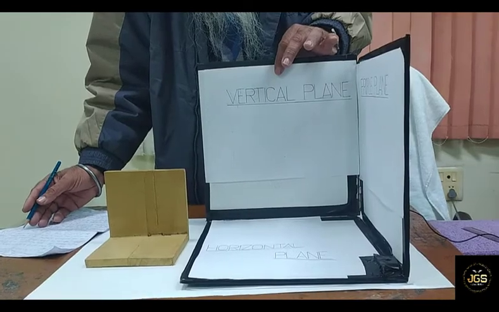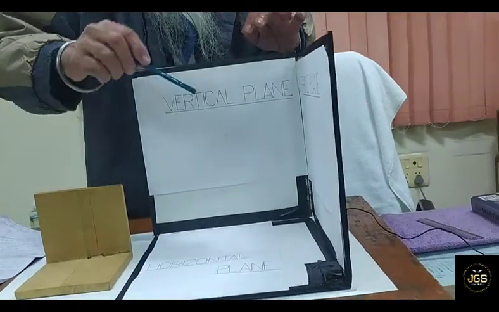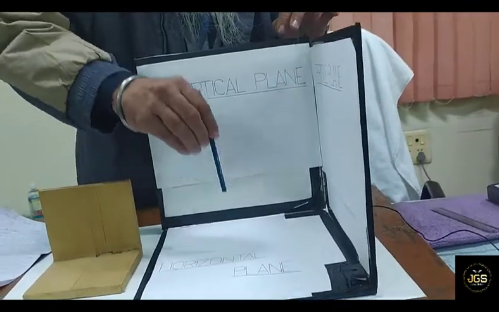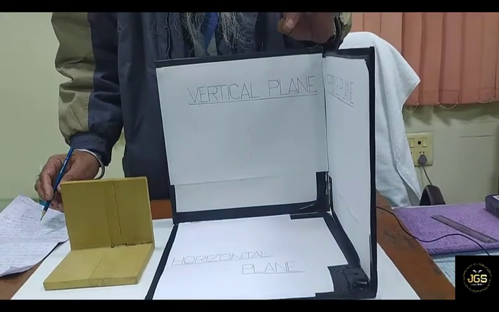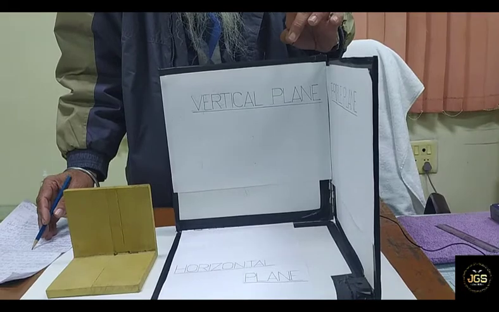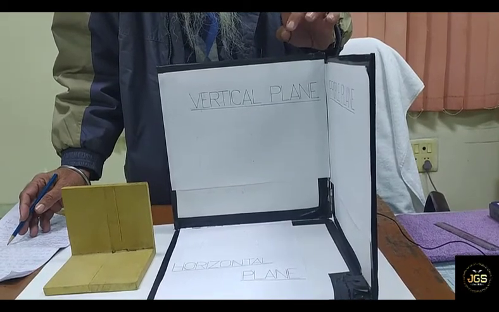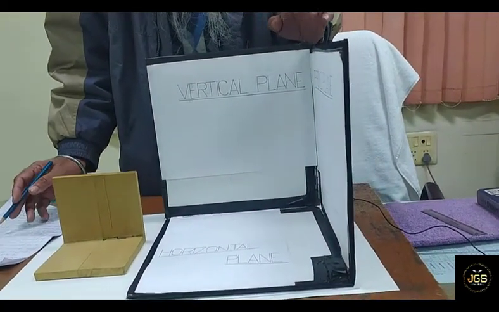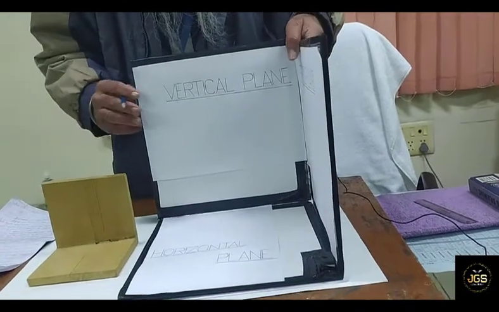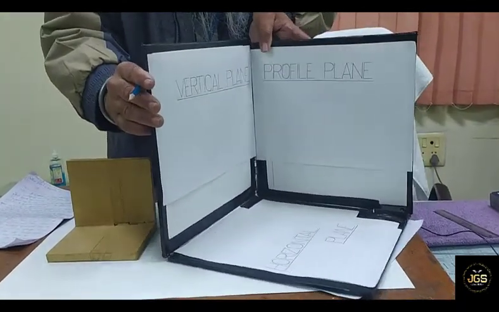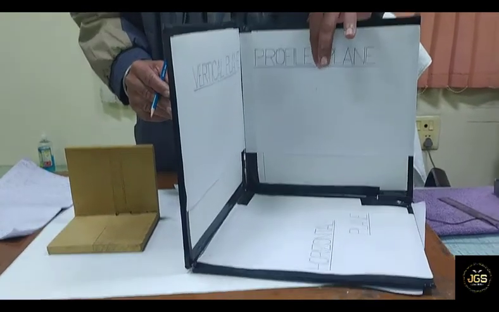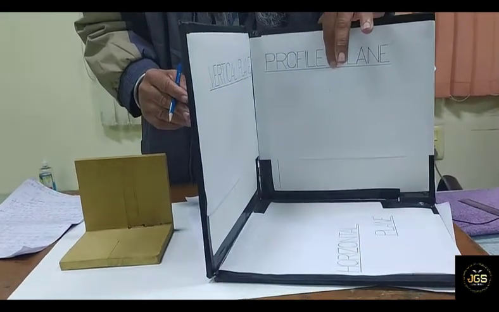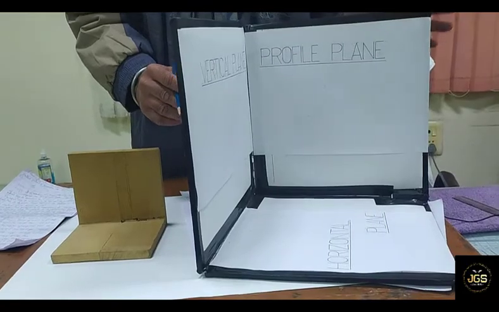Similarly, the projection on the horizontal plane from the top is known as top view or plan of the object, and the projection on the profile plane is known as end view or side view of the object.